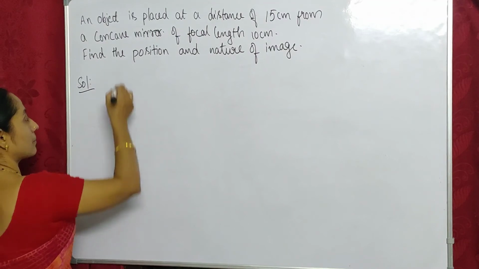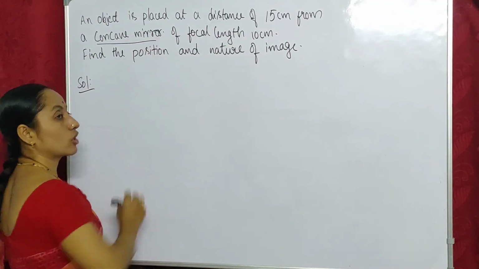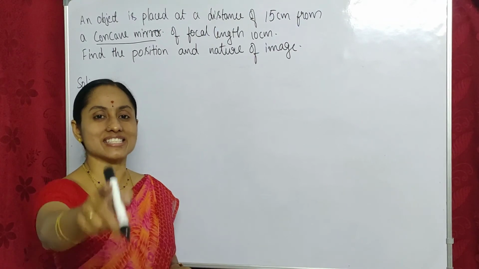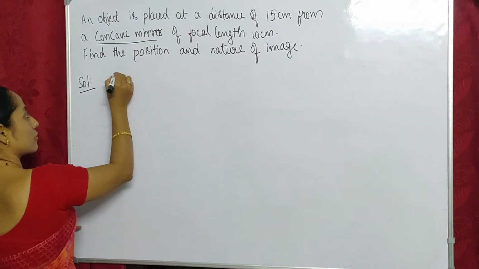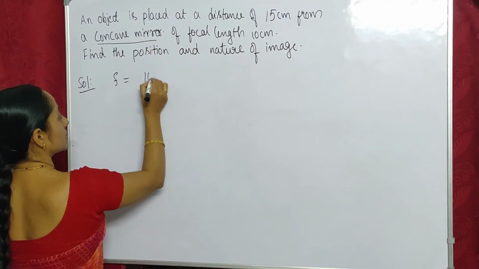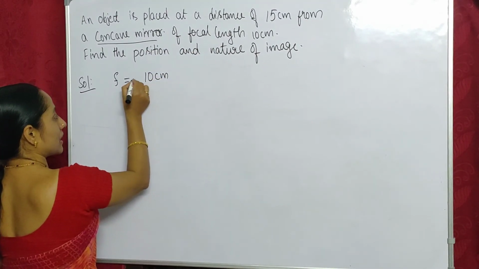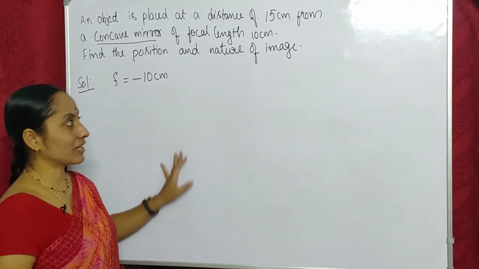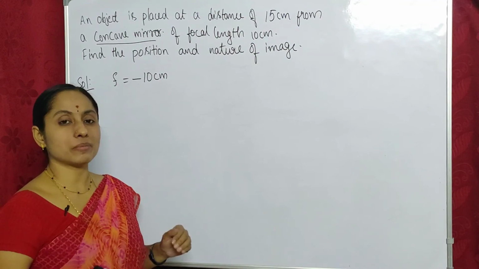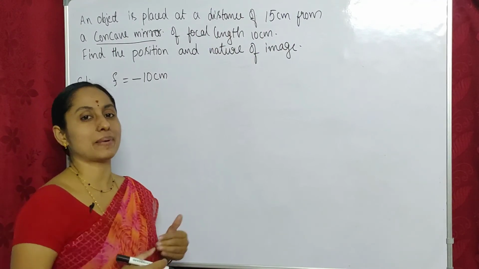What mirror is given first? Concave mirror. In case of concave mirror, focal length is negative. So focal length f is 10 centimeters, and immediately we need to put a negative sign. In the question, sign conventions will never be given. We have to apply the sign convention while writing the problem.